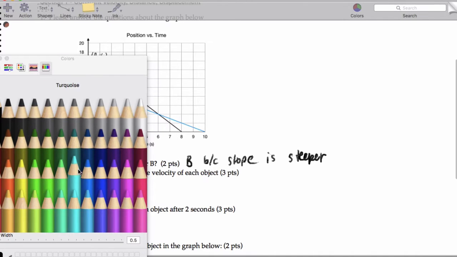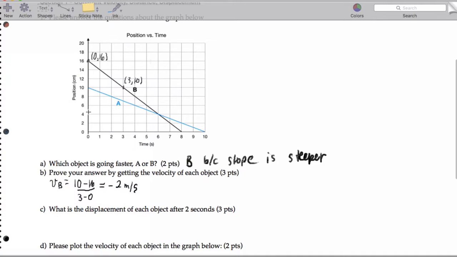Similarly for object A, let's go ahead and do its calculation. So the velocity of object A, let's label those points. So we have this point 4, 6, so at 4 seconds it's at the 6 meter mark. And when we first start the stopwatch, it's at the 10 centimeter mark, not meter.